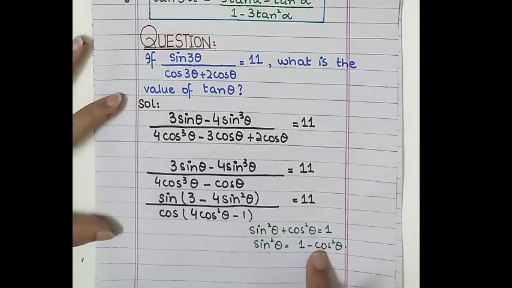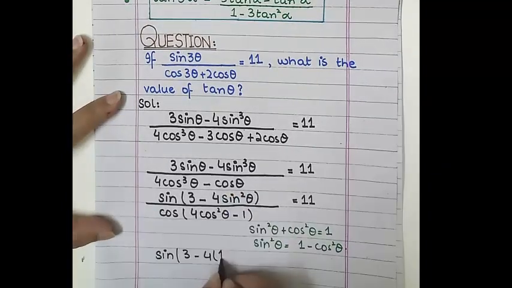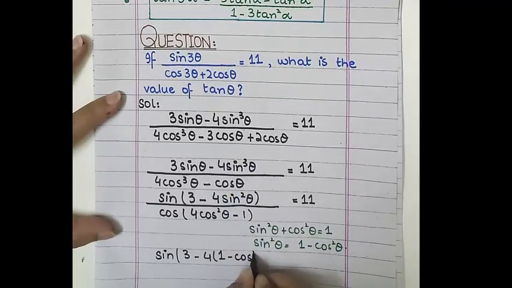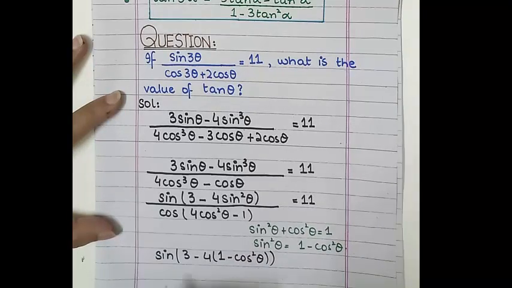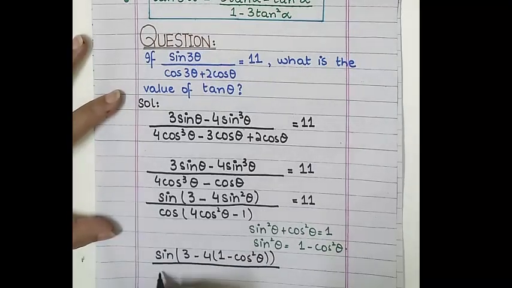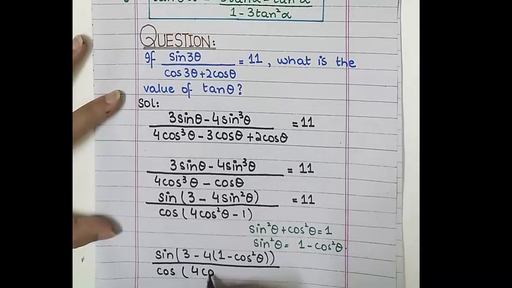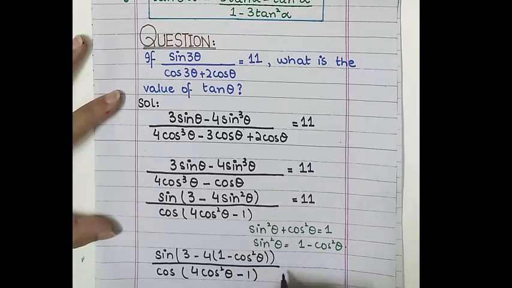So we will put this value of sine square theta here, 1 minus cos square theta divided by cos theta, 4 cos square theta minus 1.